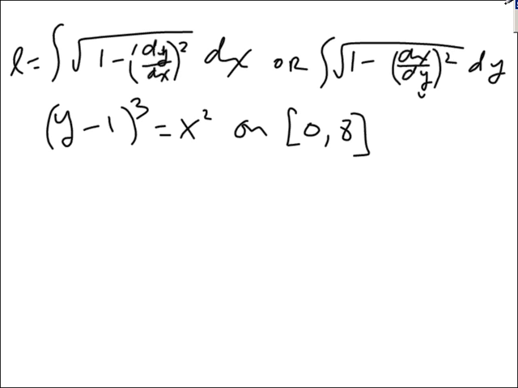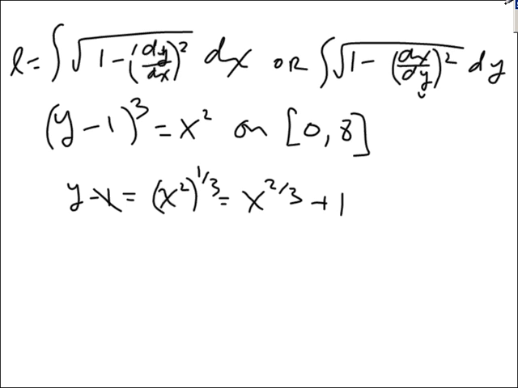So now, we can solve this for y. We can take the cube root of both sides, and then we would get y minus 1 is x squared to the third, which is x to the 2/3, and then add 1. That's probably not a crazy way of doing it.